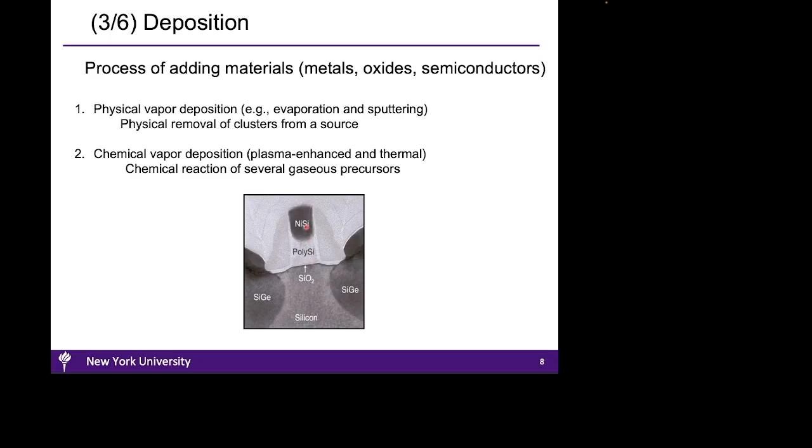On the other hand, the nickel silicide is formed through the PVD of a nickel film and its subsequent reaction with polysilicon at elevated temperatures. In a later video, we'll review the evaporation process as a versatile form of the PVD method.